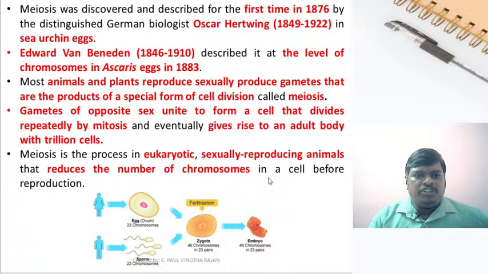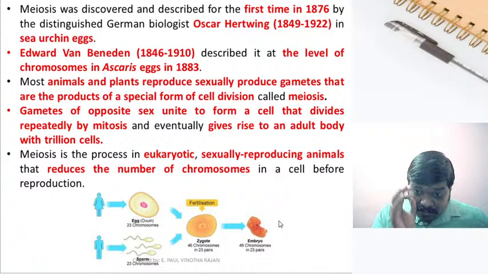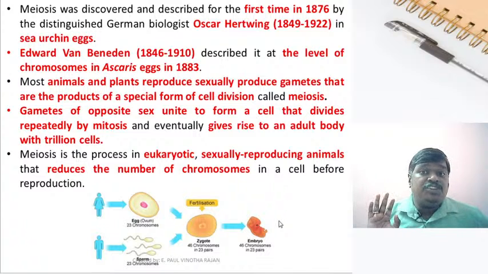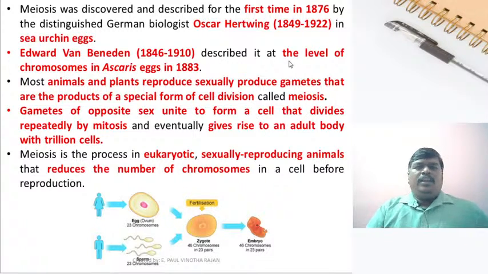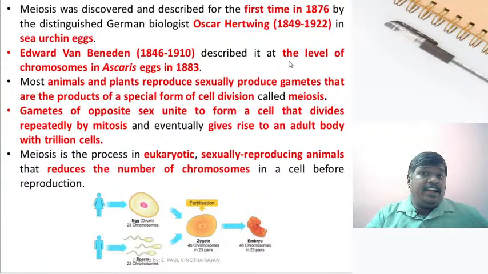For gametogenesis, meiosis is the only cell division process, and this was first discovered by Oscar Hertwig in sea urchin eggs. Similarly, Edouard van Beneden described the chromosomes in Ascaris eggs in the year 1883.